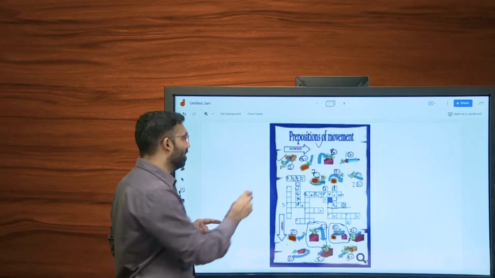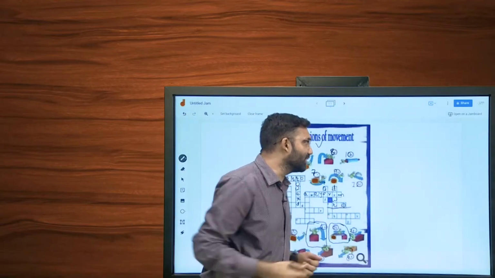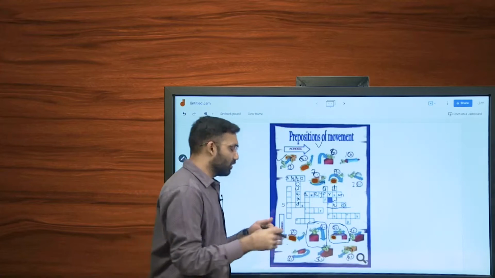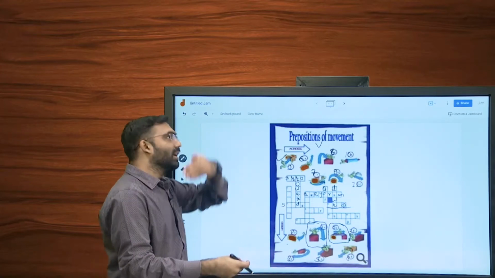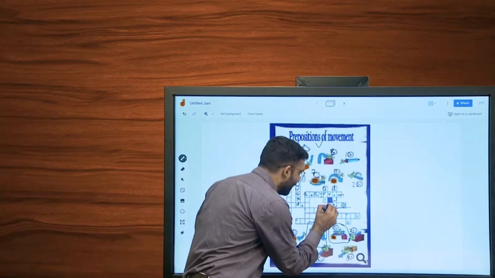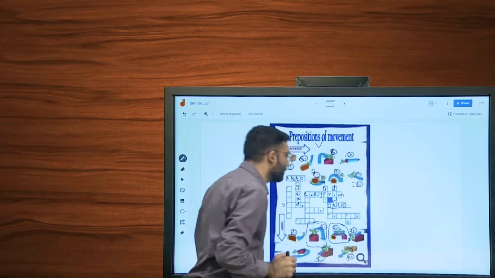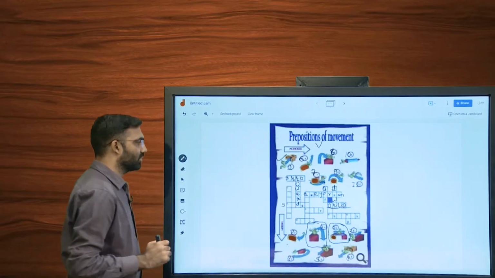If something is going in and the movement is a physical touch, it's into. So from bottom going on top, it is onto. Let's do that one. Onto is already done for us.